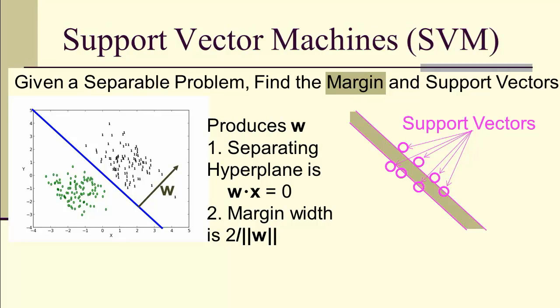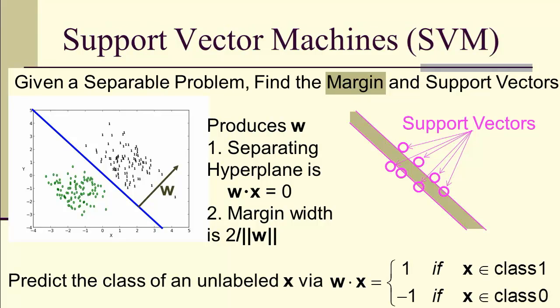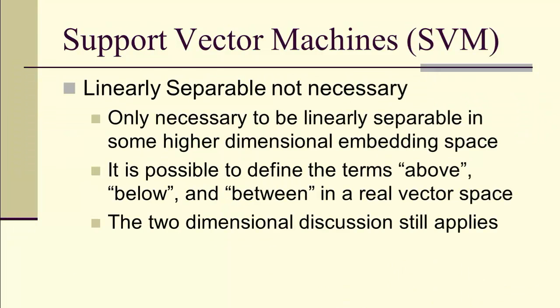We're finding the smallest such W, which gives us the largest margin. Then we predict the class of an unlabeled X by simply taking W dot X and seeing if it's 1 or negative 1, or greater than or equal to 1, less than or equal to negative 1. But you get the idea.